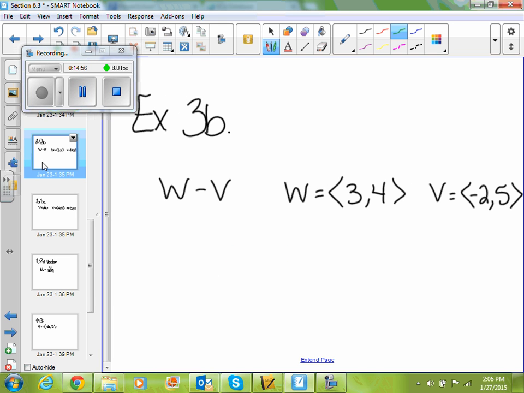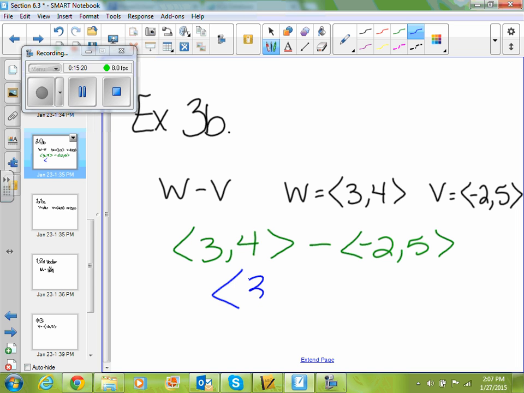Okay, if I want to find w minus v, subtracting is the same thing as adding in terms of your steps. This is like taking 3, 4, and subtracting from it -2, 5. And we subtract our pieces that go together.